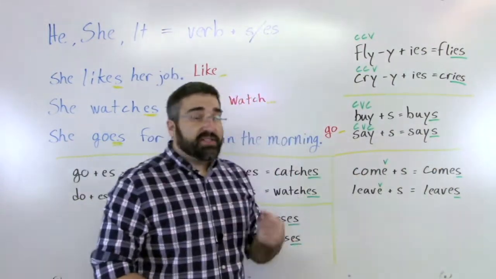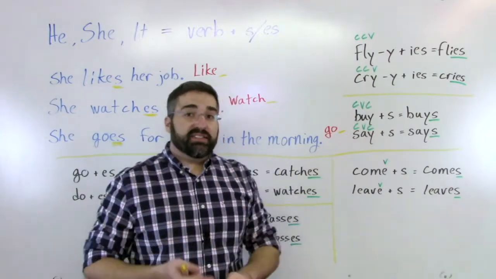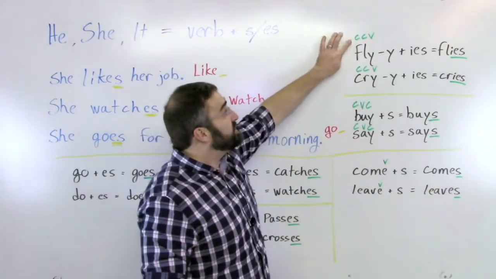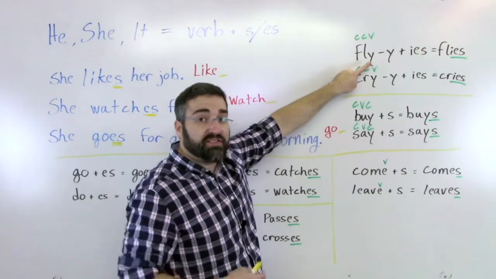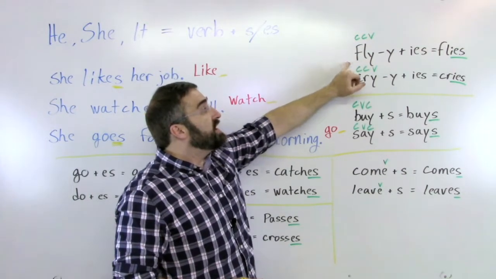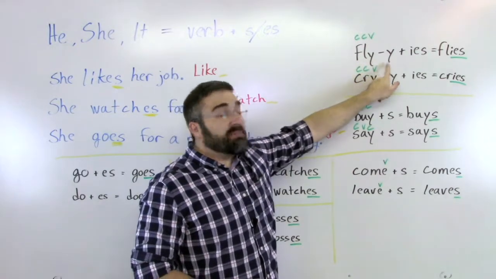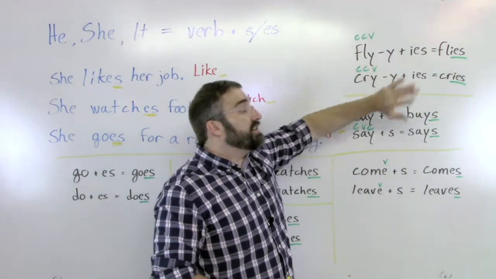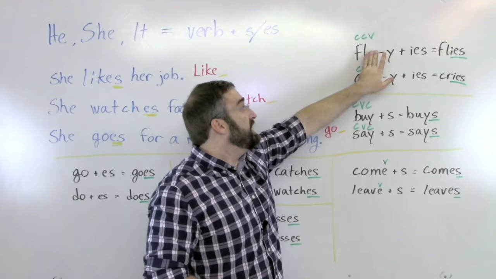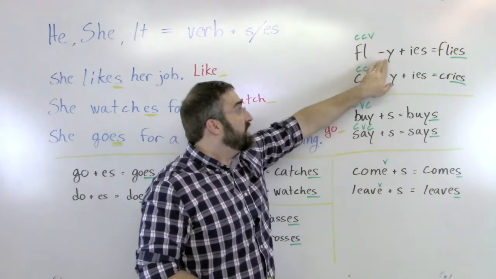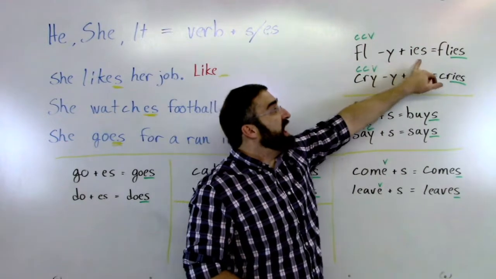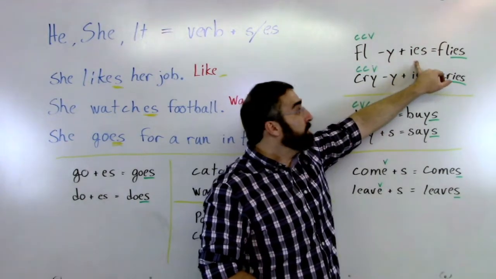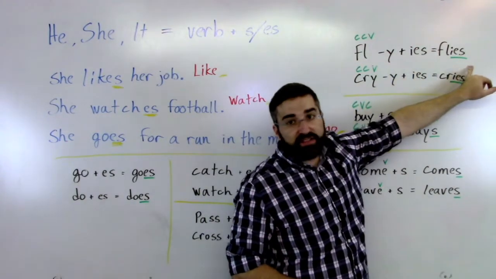But when I have consonant, consonant, vowel, F-L-Y, and Y is a vowel here. Consonant, consonant, vowel. I take my Y, I get rid of it, so I have to delete that Y. Same thing with the one below. Then I add I-E-S, and it becomes flies.